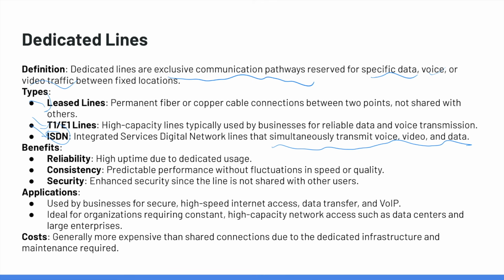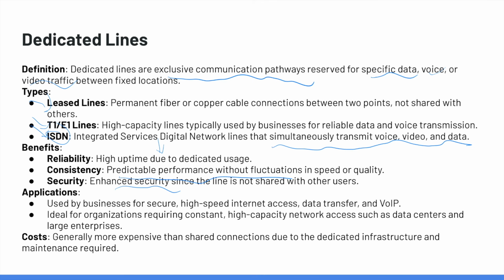The main benefits are high uptime, because these lines are simply dedicated to your business or to your particular use case. Predictable performance without fluctuation, because no one else is using these lines except for you and your coworkers. And enhanced security, again, because you're not sharing the line with other people, so they don't really have any way to access your data.